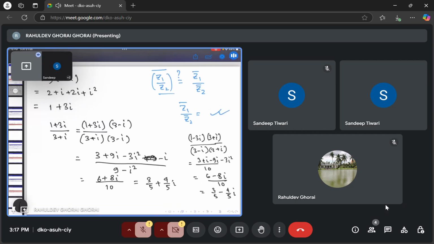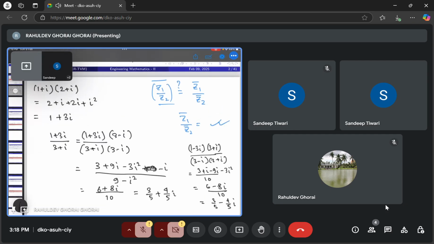So most probably it will be true. I can't recall, but that is very easy to show. You just take Z1 equal to A1 plus iB1 and Z2 equal to A2 plus iB2. You can show that it is maybe equal; you have to check that.